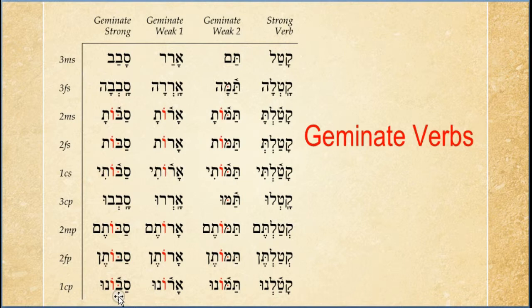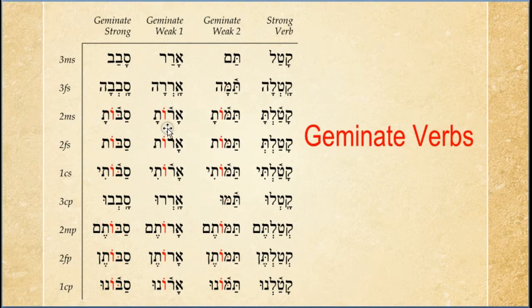And then you also have what we call a connecting vowel appear. The connecting vowel is the holem vav. So not only did the second consonant drop out and assimilate and become a dagesh, now we have a connecting vowel, and that connecting vowel is holem vav, and it works all the way through the paradigm.